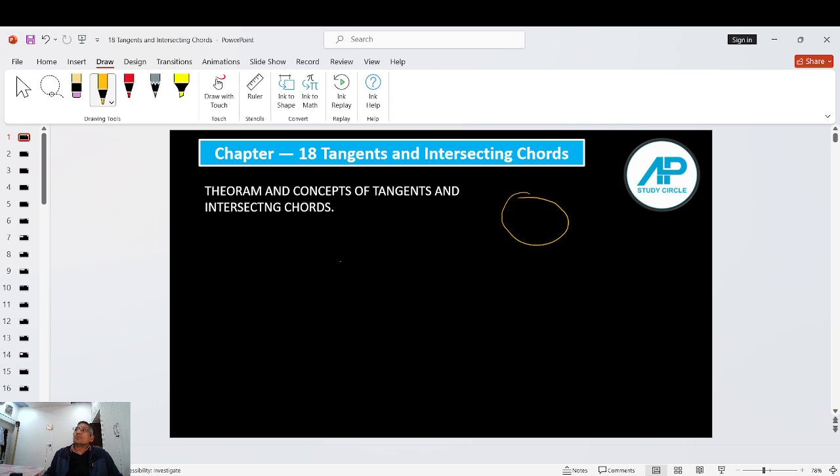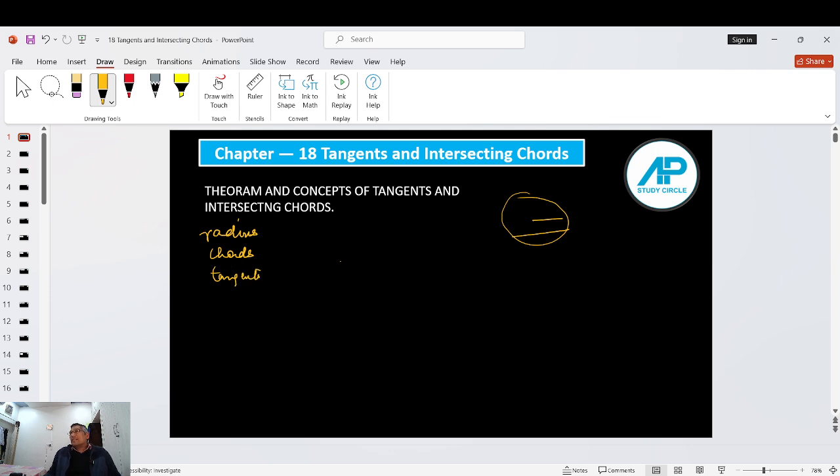Now you all know that circles have radius, chords, and diameters, and they also have tangents.